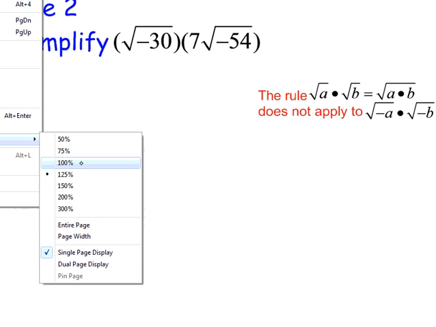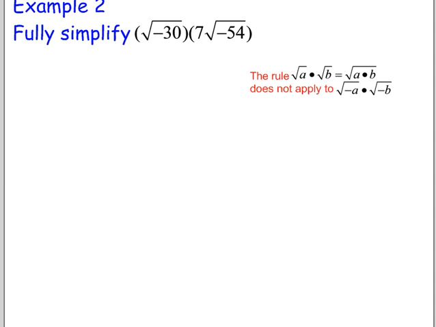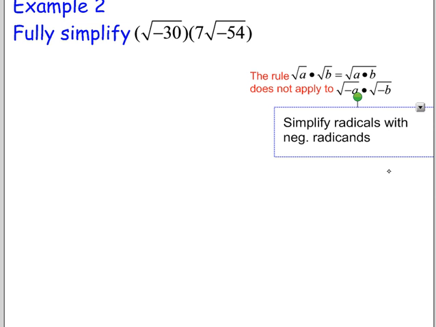Okay, now, since that rule doesn't apply, we got to simplify the radicals with negative radicands. And luckily we've been over that already, right? So that means we got to simplify radical negative 30, and we're going to have to simplify radical negative 54, which has a coefficient of 7 there.